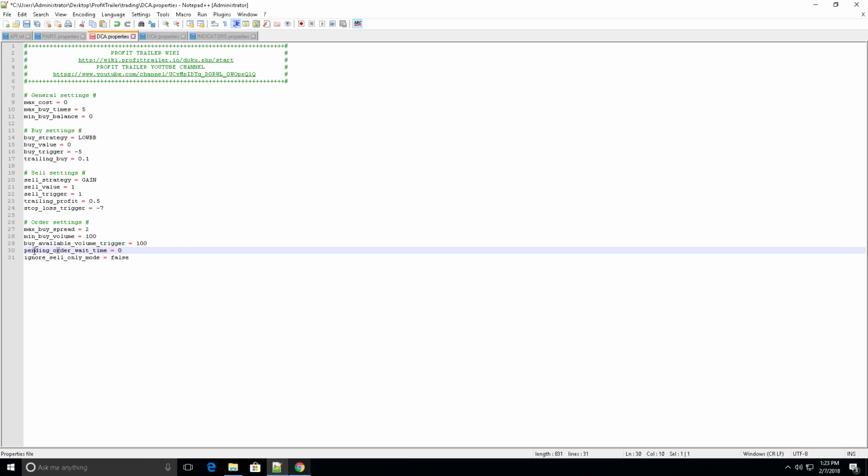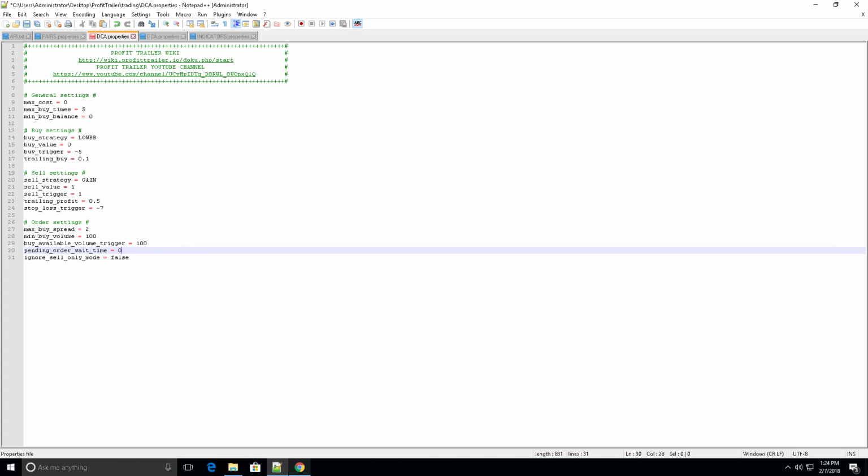Pending order wait time. This is the amount of time in minutes that have passed, and it will create a pending order for that pair. Basically, ultimately what this allows you to do is, let's take NEO again.